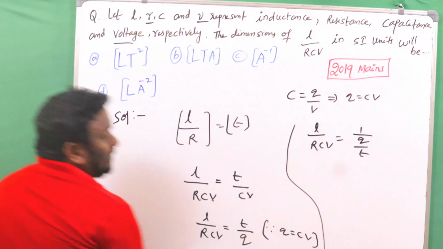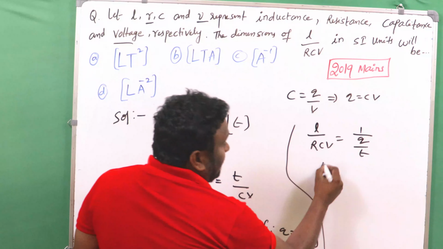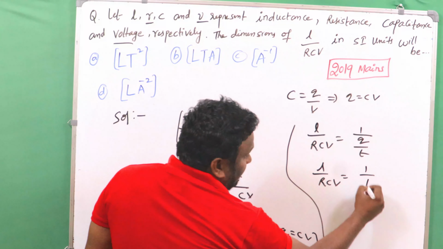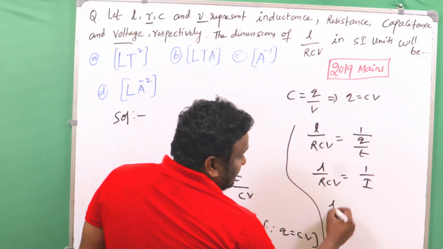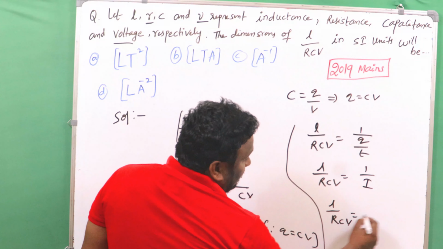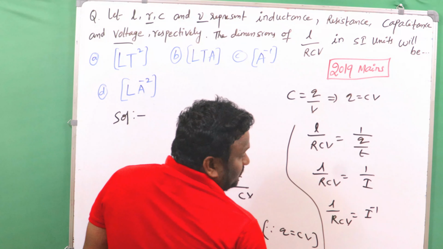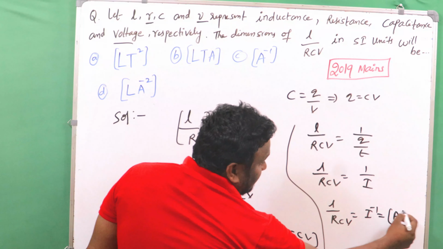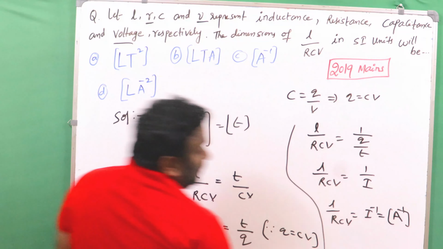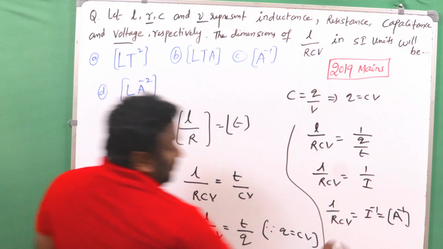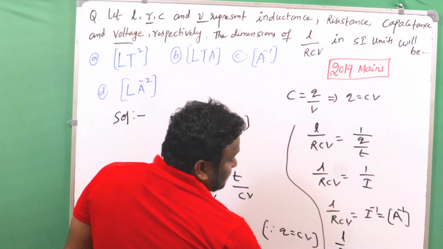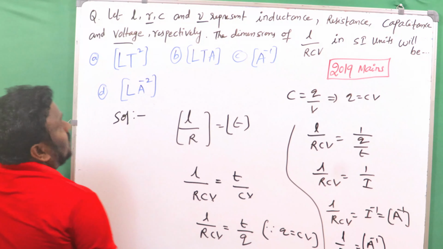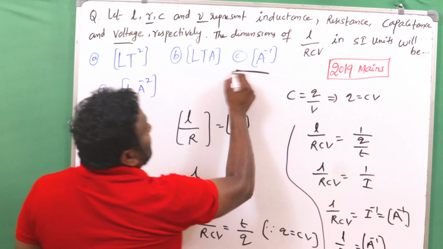And Q by T means current I. So L by RCV is equal to I inverse. That means we can write the dimension formula of this one is A inverse 1. Therefore L by RCV dimension formula is A inverse 1. So among the 4 options, C option is the correct one.